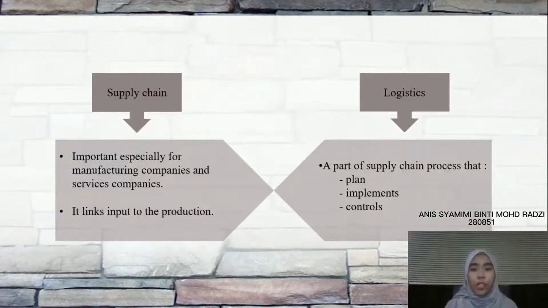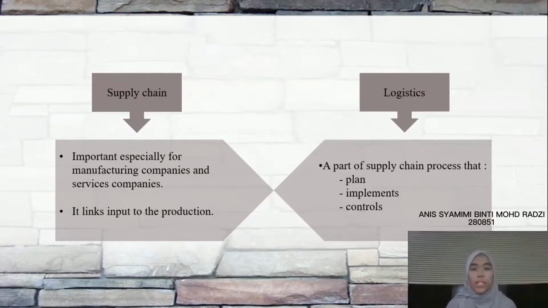First and foremost, we need to know what is supply chain and what is logistics. Supply chain is important, especially to manufacturing companies and also services companies. Supply chain links suppliers, manufacturing companies, distribution and services companies in relation to produce and deliver goods or services to meet customer requirements.